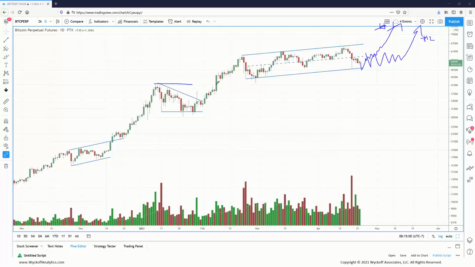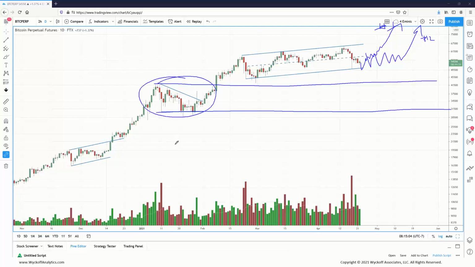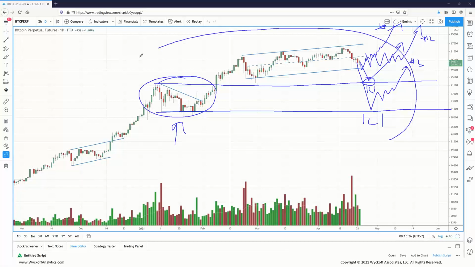Scenario number three, we are still contained within the structure of the previous trading range, meaning that we might go down to the support, we checked it before the resistance, and then recover. And then scenario number four, a more pronounced move to the downside into phase C, and then recovery from there.